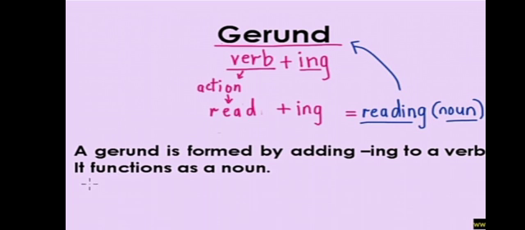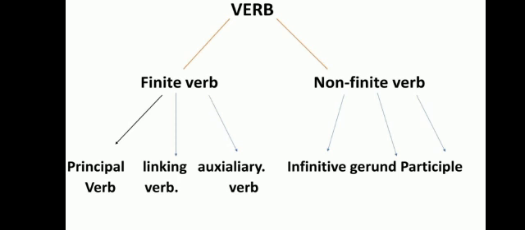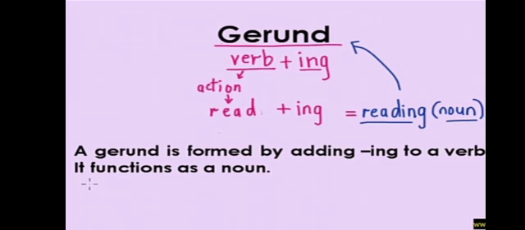Students, both gerunds and participles, whenever you see them, you will find that these are verb plus ing form. But where lies the difference between the two?